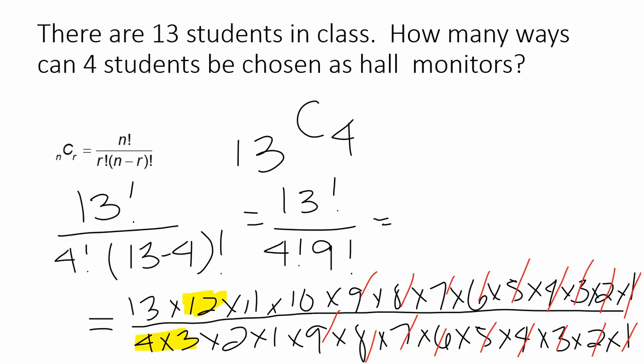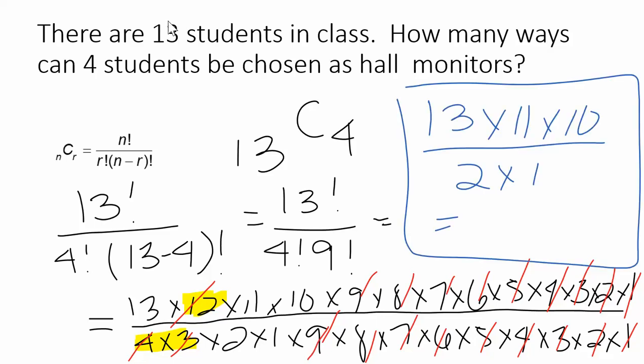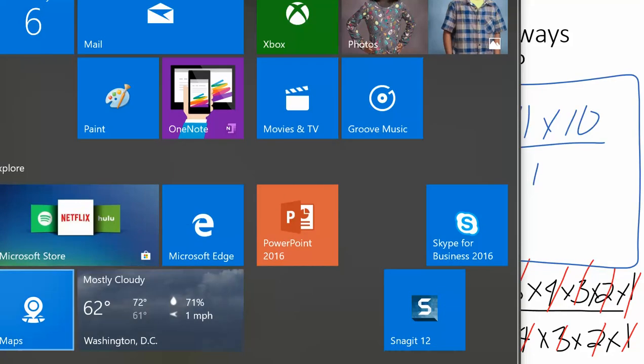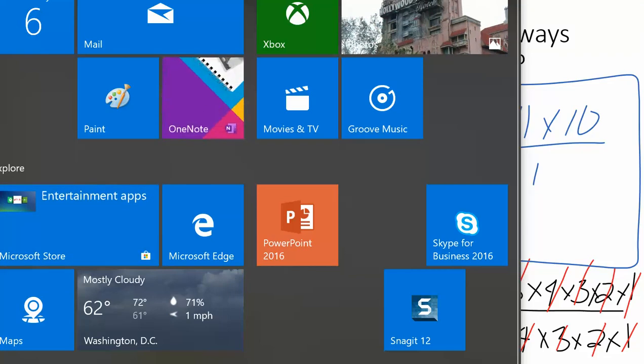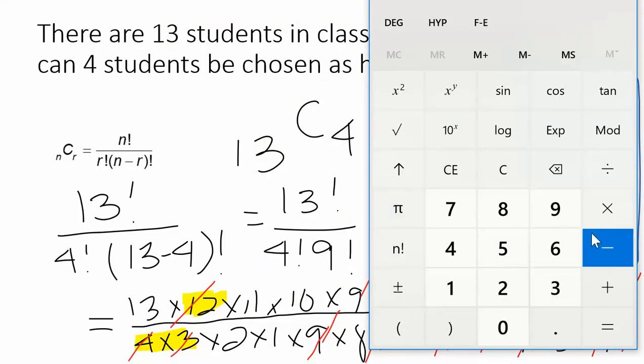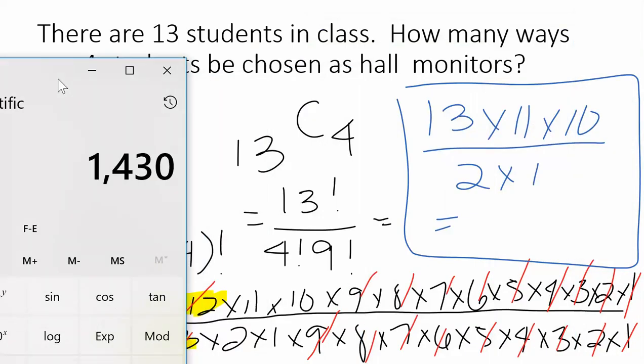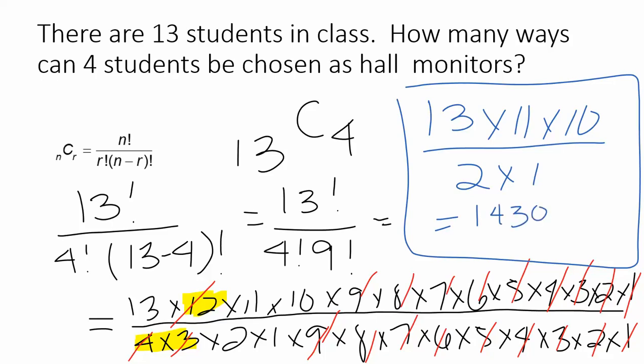Well, 4 times 3 is 12. So I can cancel out the 4 and the 3 and the 12. Let's see what that leaves us. Gives us 1,430 divided by 2, or a total of 715 combinations.